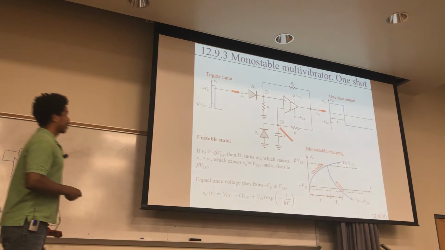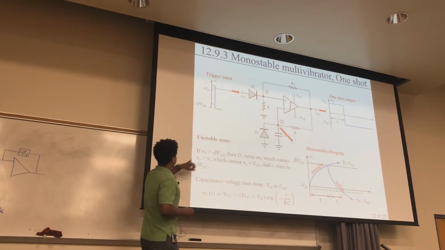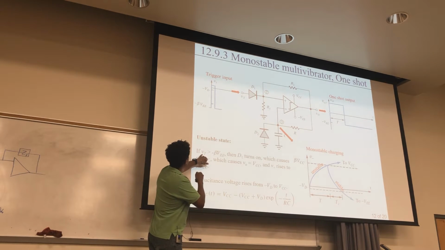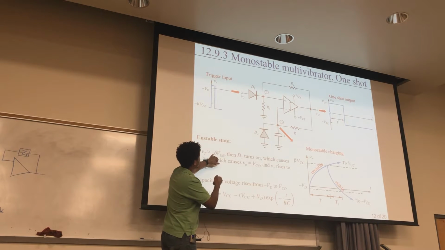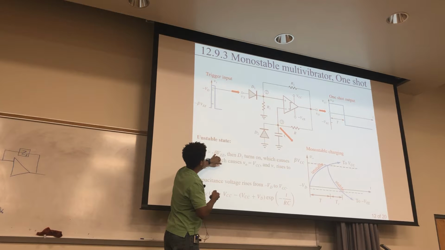For the unstable state, what happens when you receive a pulse that comes in? That VT right there then becomes greater than this voltage. So this voltage right here is greater than this voltage, and we know what this voltage is. It's beta of that VEE.